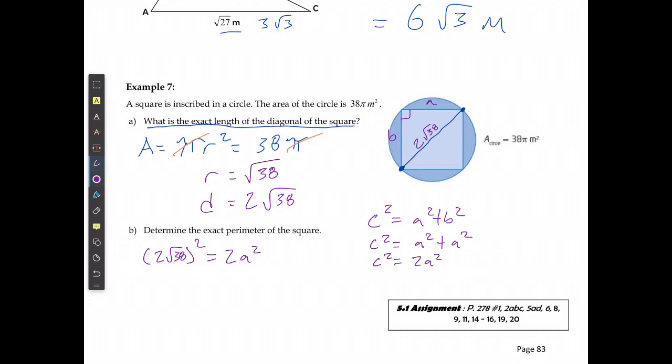When I square this, just be careful, I have to square what's on the outside, which is going to give me 4. And when I square the radicand, well, the square root of 38 times 38 is just going to be 38. The square root of something squared is opposite processes, and they're going to cancel out.